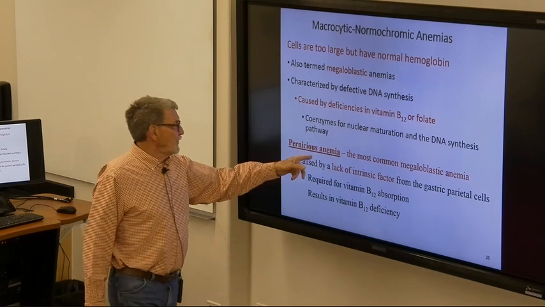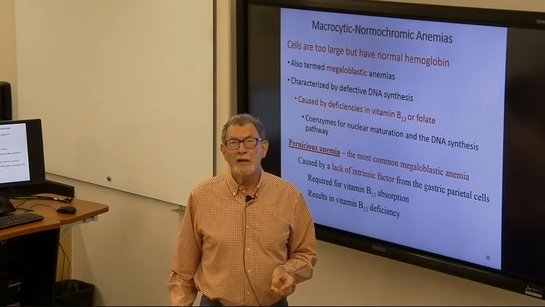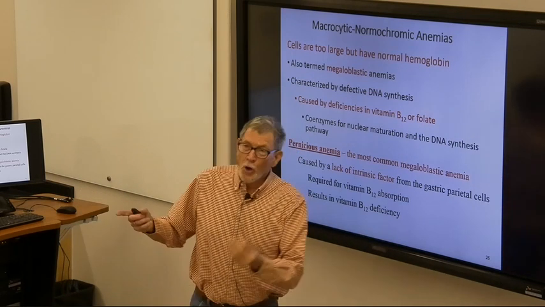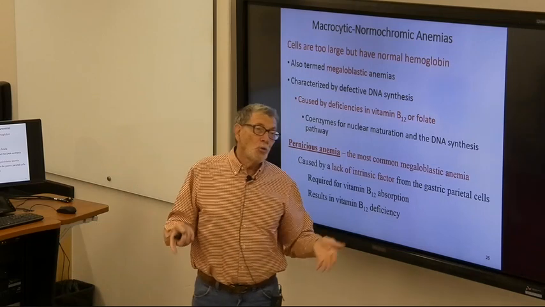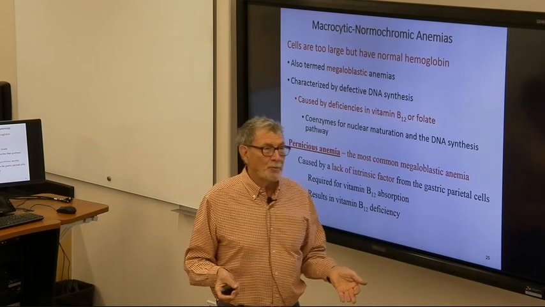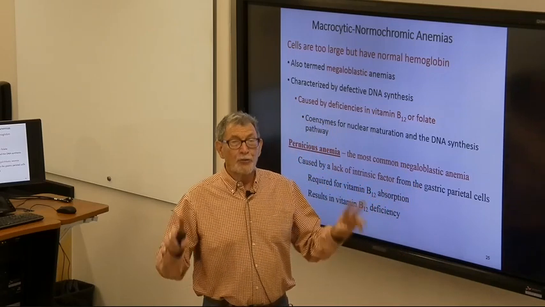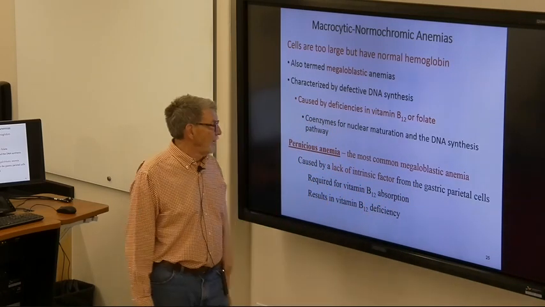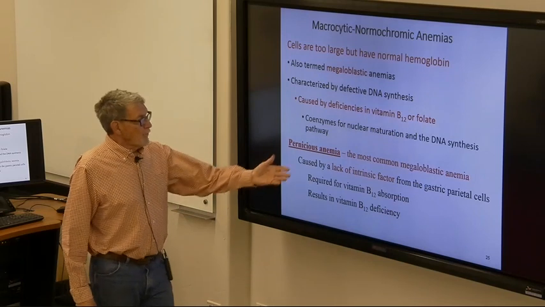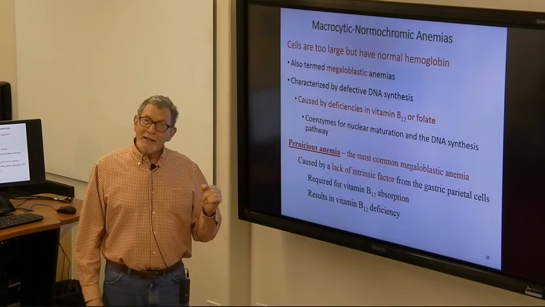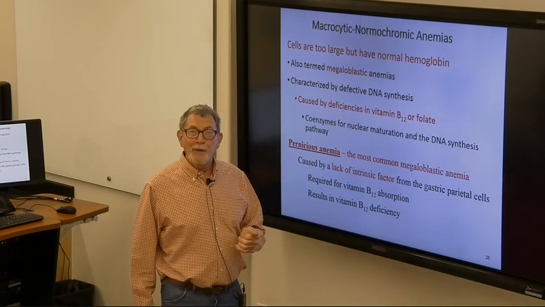The B12 deficiency is called Pernicious Anemia. They called it that because they knew what iron deficiency anemia was, but they gave these people iron and they were still anemic. It was pernicious. They couldn't get rid of it. It's the most common one. It can be because you don't eat enough B12.